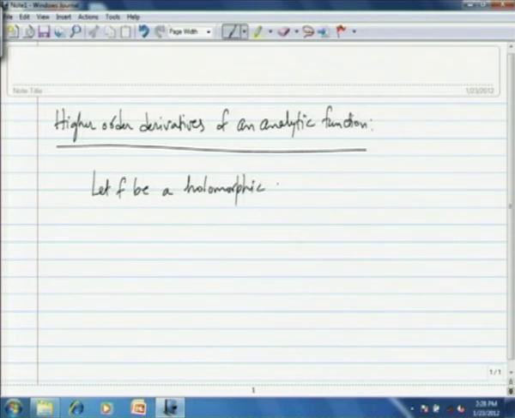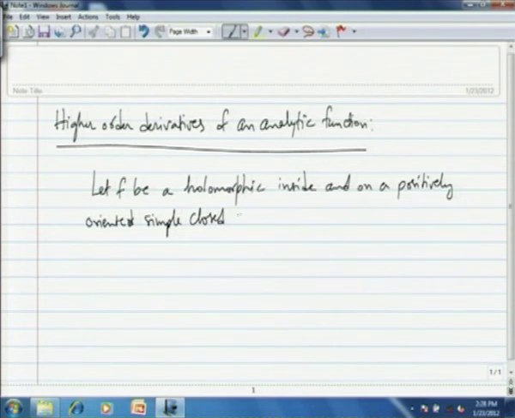Okay, inside and on a positively oriented simple closed curve gamma. Okay.